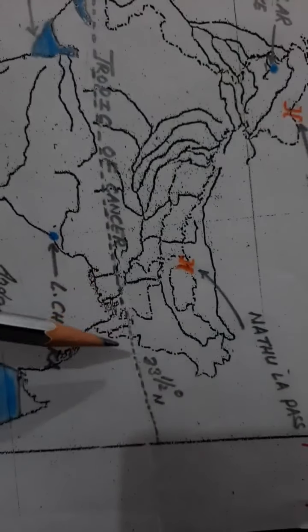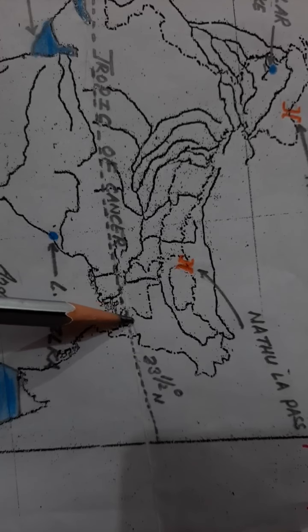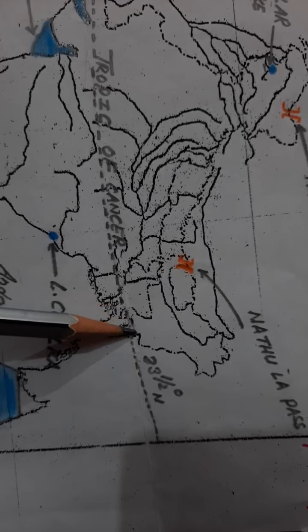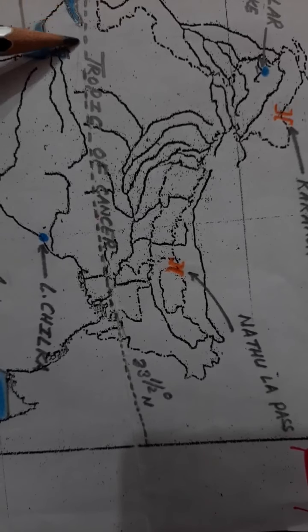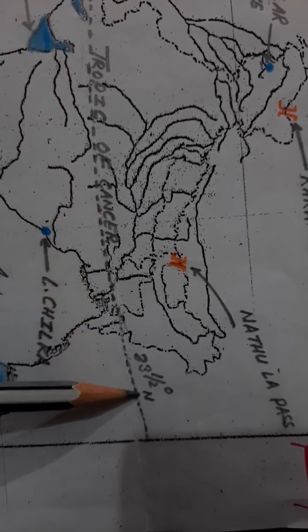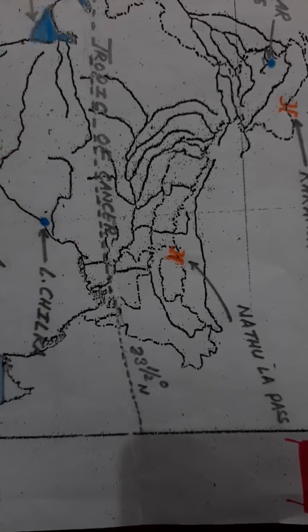And the fifth you can mark here, in Mizoram and Tripura. This is the fifth point. Here this is Tripura and this is Mizoram. So these 5 points you can join together. A slight curve will come like this. So join all these 5 points. That is the Tropic of Cancer.